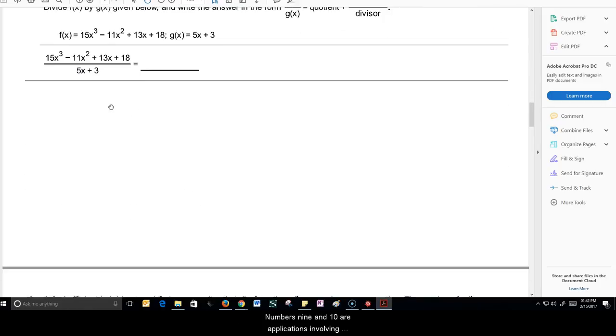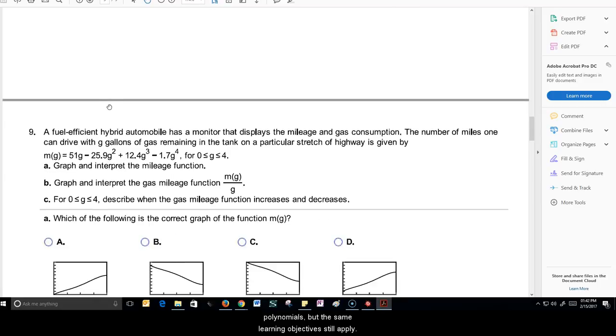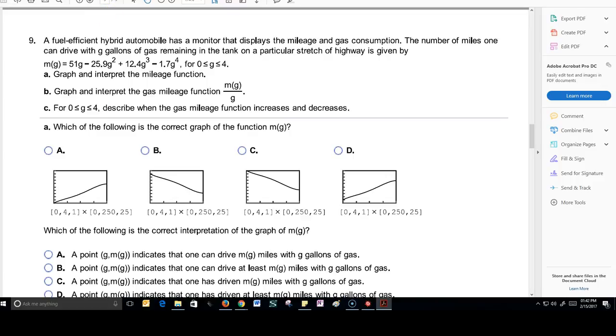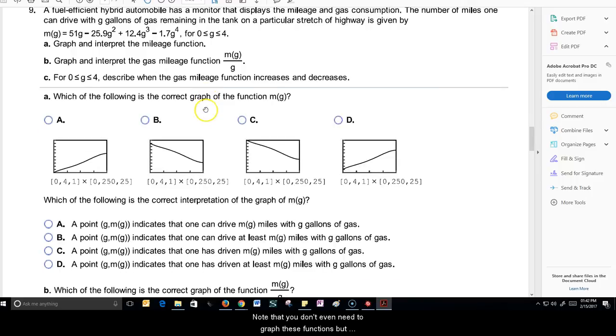Numbers 9 and 10 are applications involving polynomials, but the same learning objectives still apply. Note that you don't even need to graph these functions, but can answer the multiple choice question based on knowing the y-intercept of the function, which is either the constant term or 0.